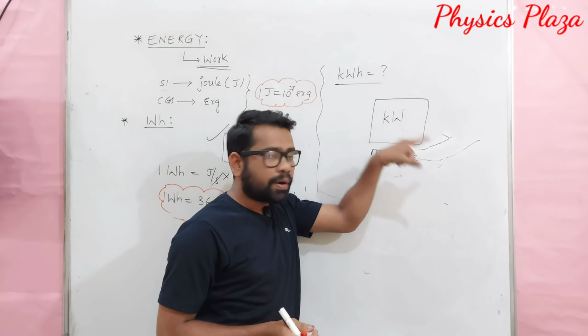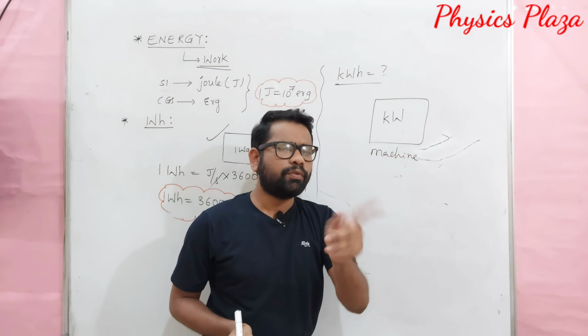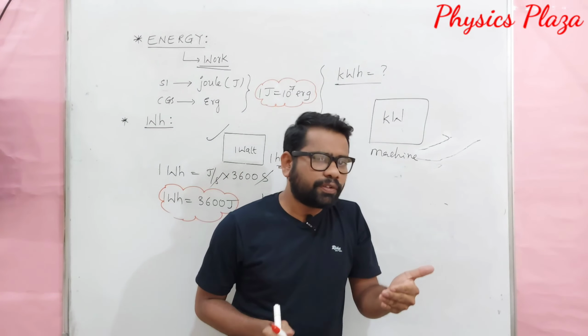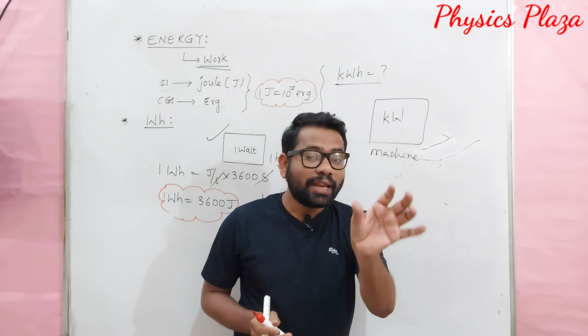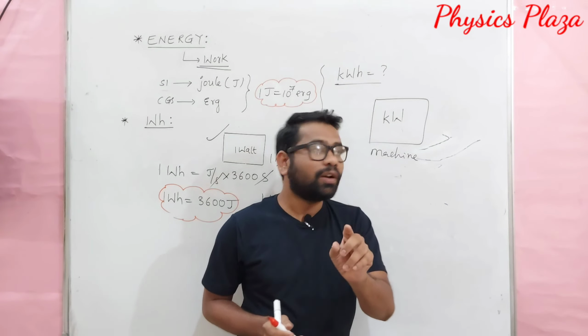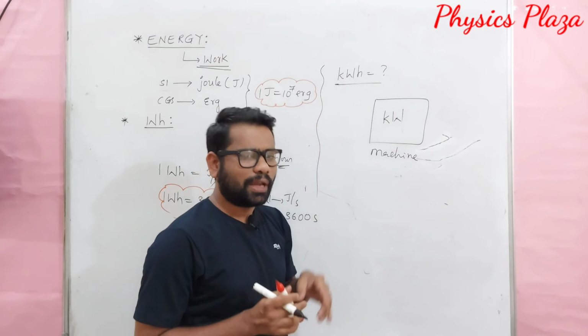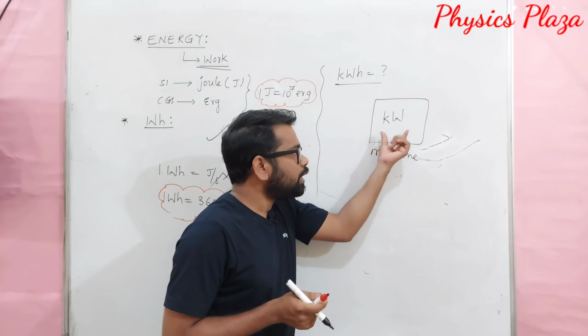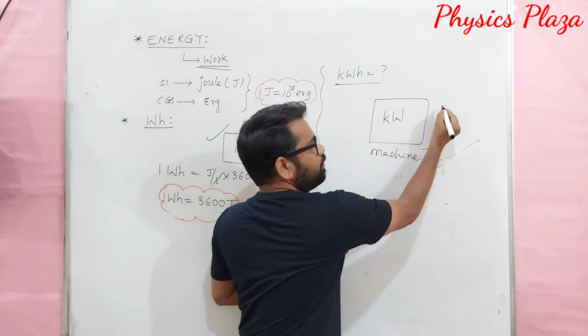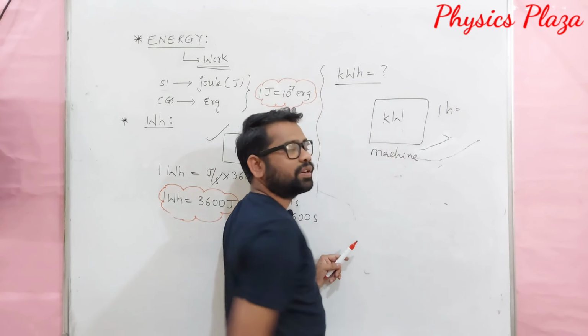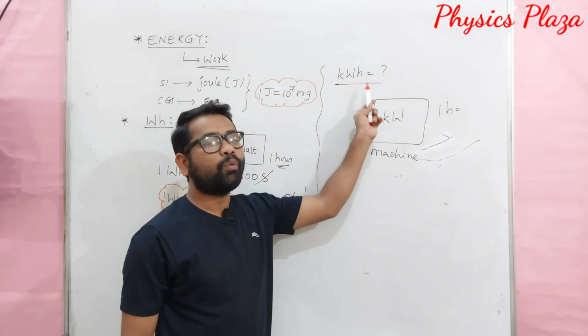The machine with the power of 1 kilowatt is operated for 1 hour. As it is operated for 1 hour, definitely it spends some energy. That energy spent we can call a kilowatt hour. I repeat once: the energy spent by the machine of power 1 kilowatt in 1 hour is called kilowatt hour.